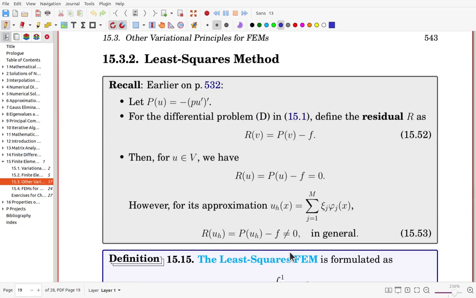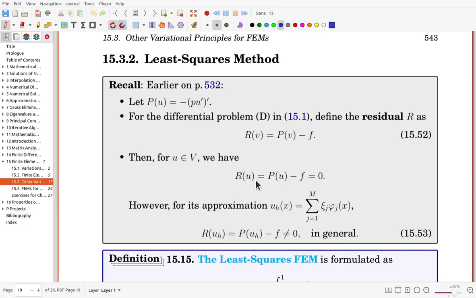Now, we'll see the second method, which is based on the least squares approach. Here we defined this operator Pu, that is from the differential equation we have that. Now also for the residual, and we earlier defined this one, and now for the true solution, residual must be 0.